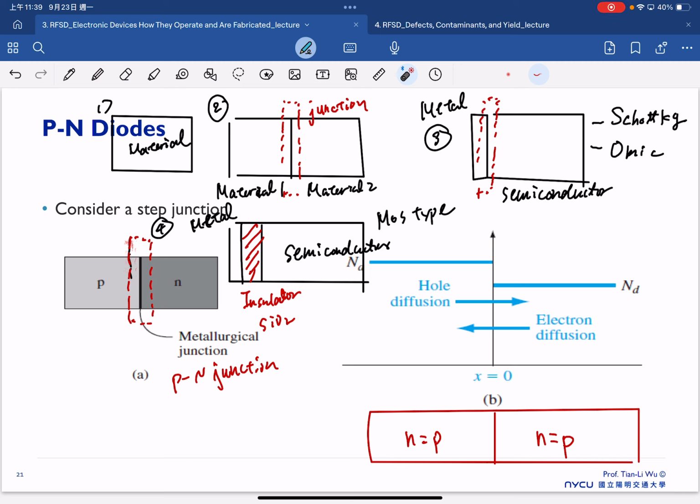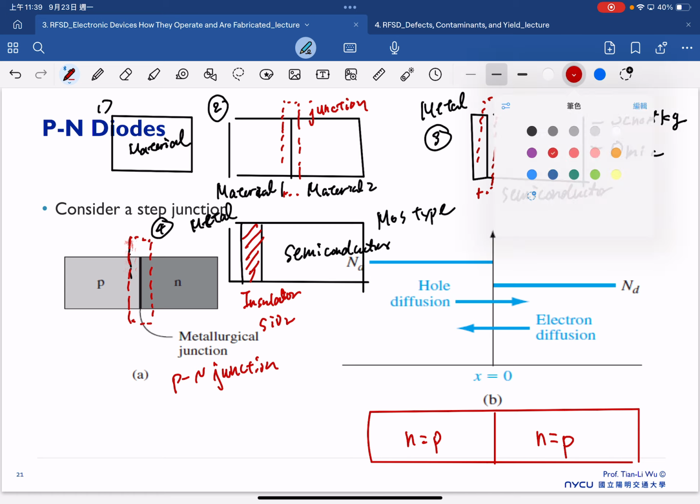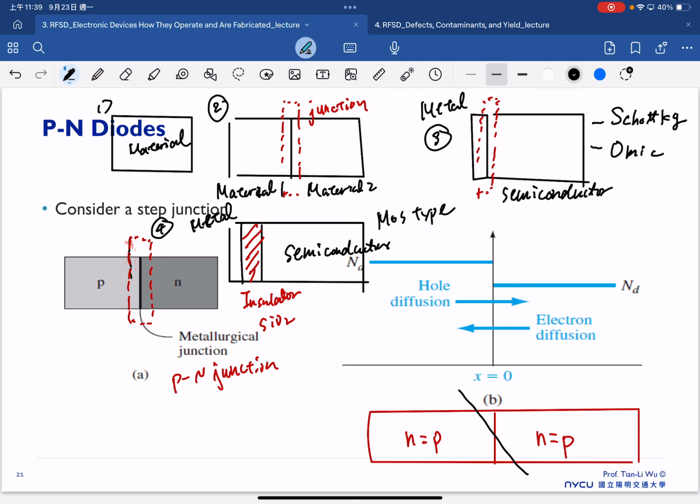In the end, N is equal to P in the whole piece of material. But for sure, based on the knowledge you have, this is not going to happen. So that means there is another mechanism that tries to stop this diffusion mechanism.